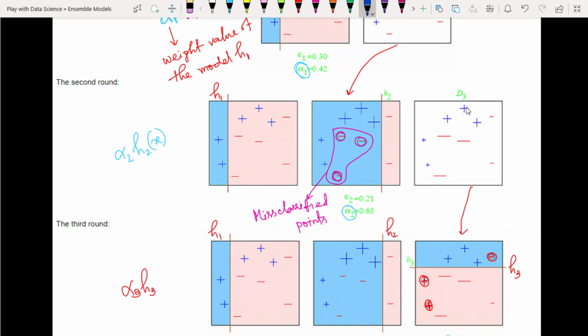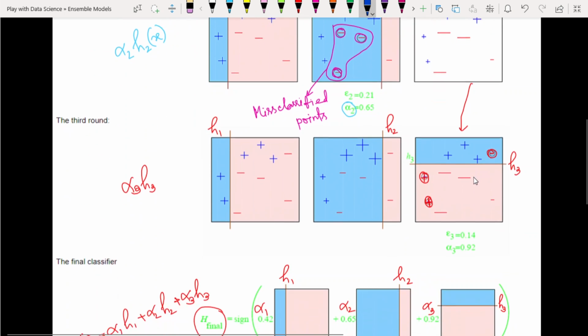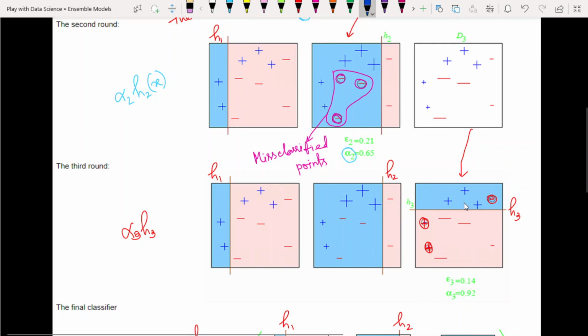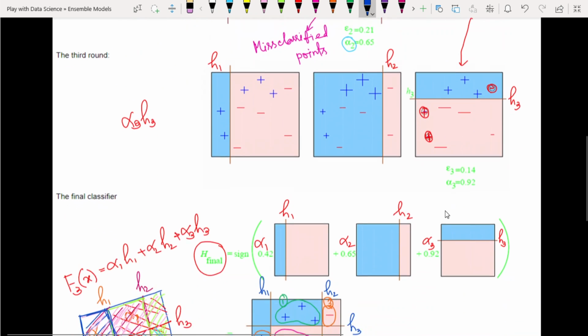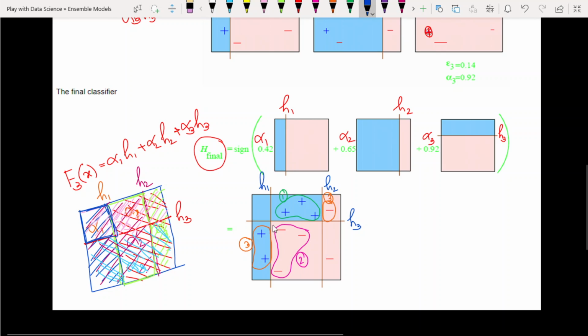Now using D3 we have built H3, and H3 also takes care of the misclassified points; since these are misclassified, we give them more importance. At the end of the results, all the points are correctly classified by simply doing this.